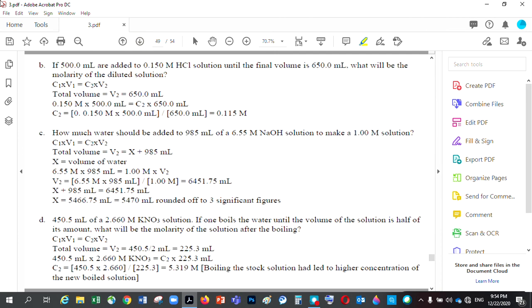So let's look at another example. I have here 500 mL added to 0.15 molar HCl solution, correct? Till the total volume is 650. What will be the molarity of the diluted solution?